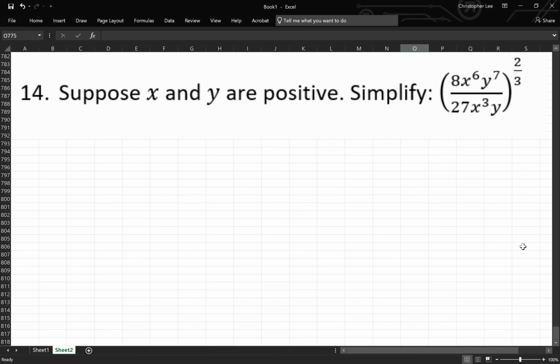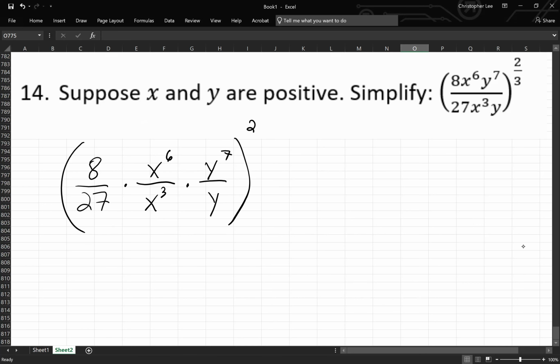So let's check this out. I want to break this up into 8 over 27, times x to the 6 over x to the third, times y to the 7 over y, and all of that is raised to the 2 over 3 power.